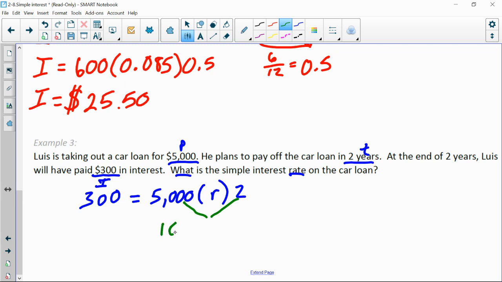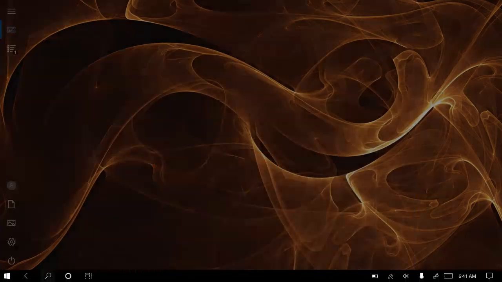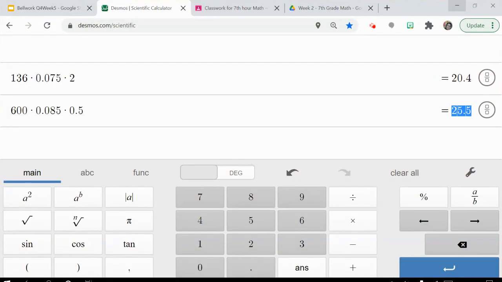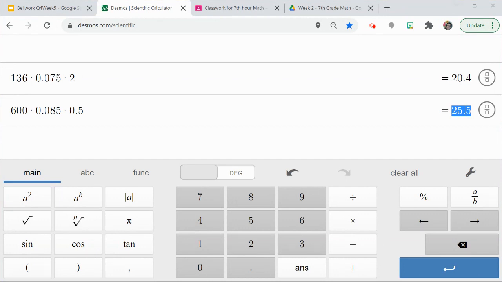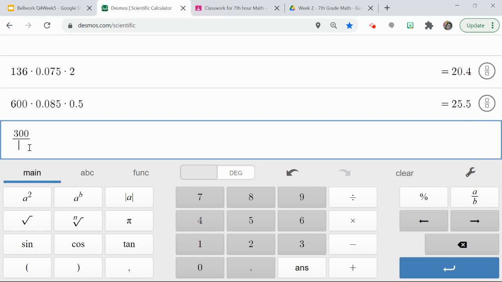That makes your 10,000 times R. Then what's the opposite of multiplying by 10,000? Divide by 10,000. All right, so let's go back to the calculator and take 300 and divide it by 10,000. A new one, 300 divided by 10,000.